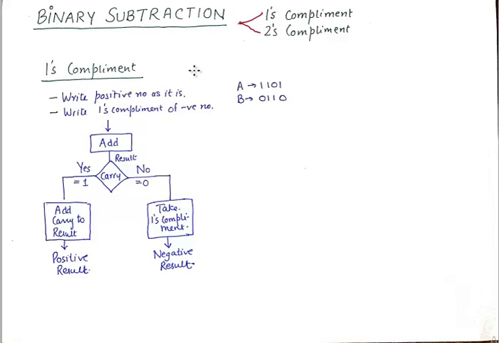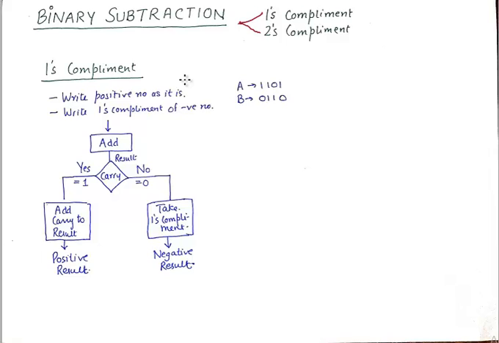The school of thought behind binary subtraction using these two methods is that we do not need another tool or another operation to perform subtraction. We can perform subtraction using addition of two numbers. We just manipulate the numbers as 1's complements or 2's complements and then add them, so there are no two different processes going on.